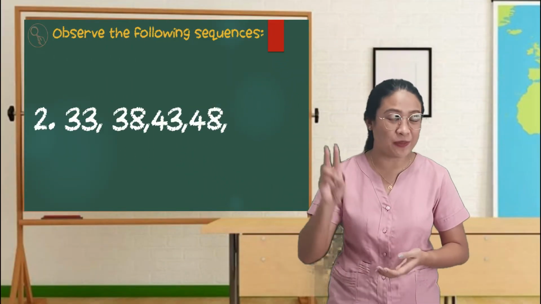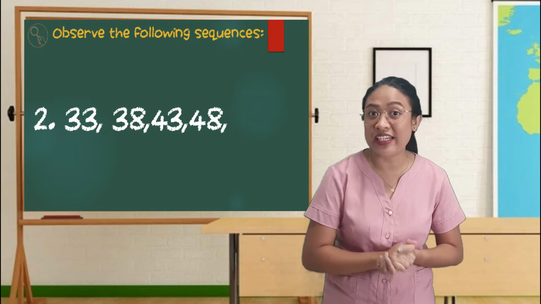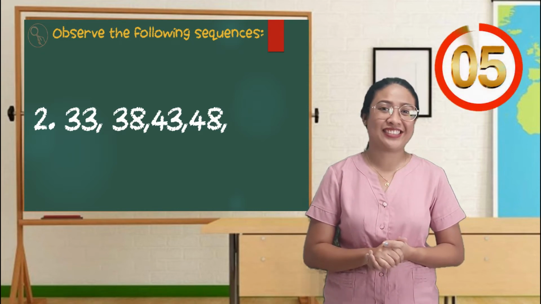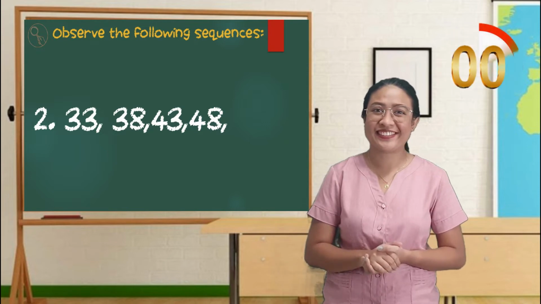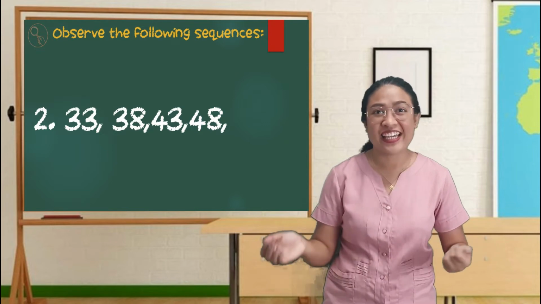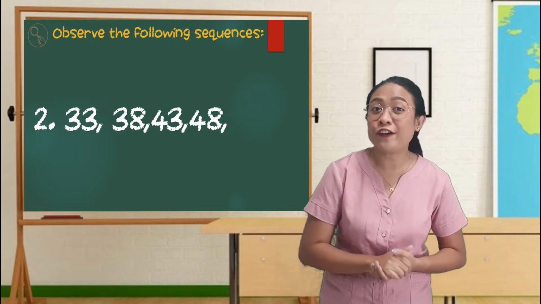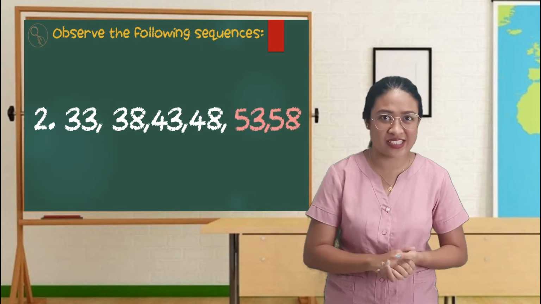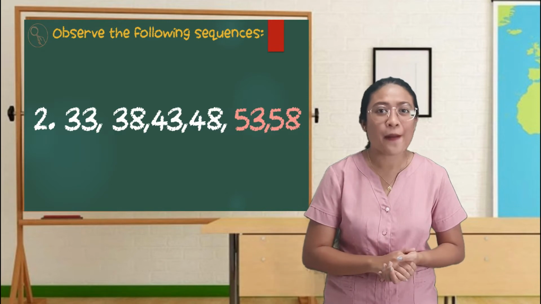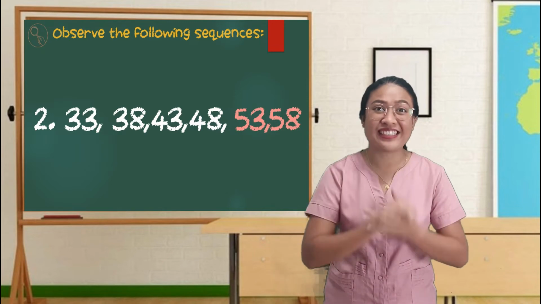How about in item number 2? Can you get the next two terms? Great! The answers are 53 and 58. But how did you get those numbers? Very good!